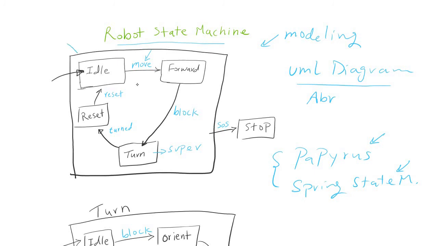So basically this box here is our super state, and inside there are the substates which live inside the super state. The substates define what happens inside the super state.